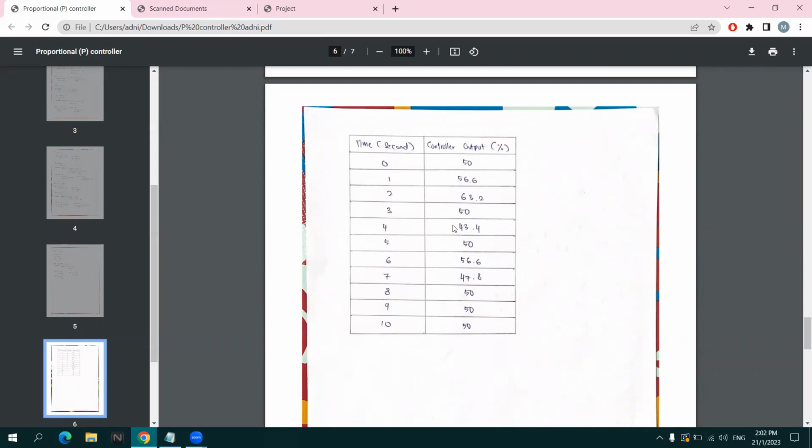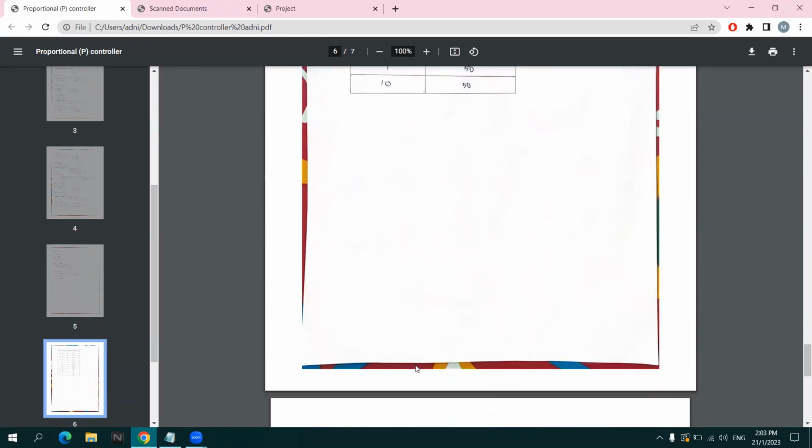At 4 seconds, 43.4%. At 5 seconds, 50%. At 6 seconds, 56.6%. At 7 seconds, 42.8% controller output. At 8 seconds, 50% controller output, and 9 seconds equals 50% controller output, and also the same for 10 seconds, which is 50% for controller output.